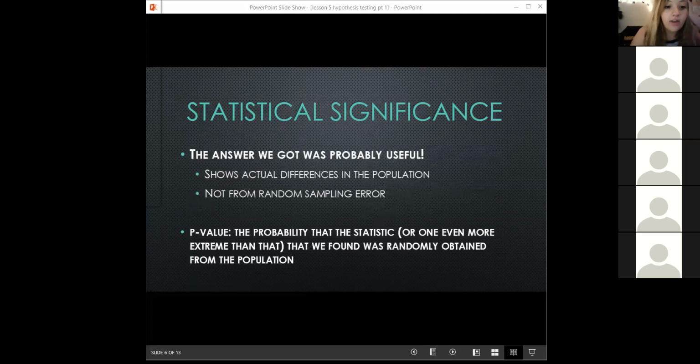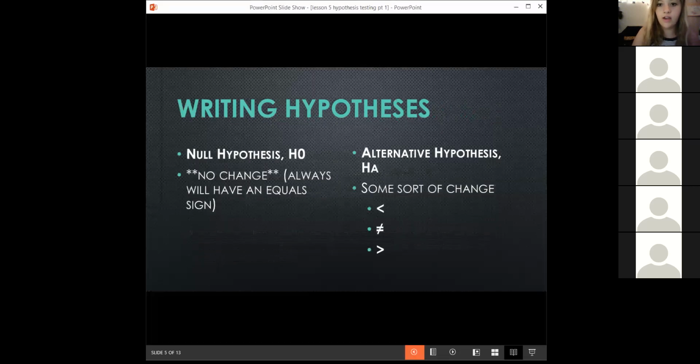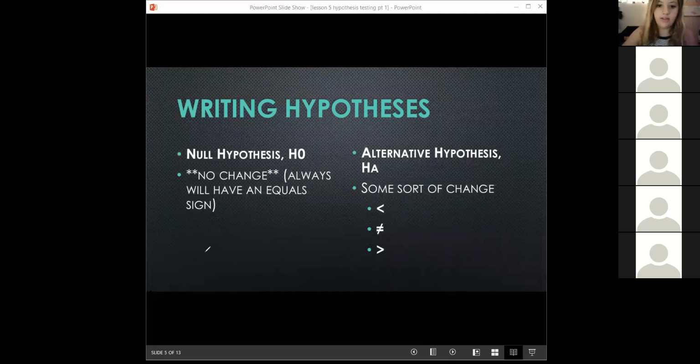And then it's showing, okay, question: only mean and proportion parameter when writing null hypothesis, and for alternative? Good question. Yeah, maybe I didn't make that clear. I'm just going to scoot back a slide. So for both of these, basically these are your options. Your null hypothesis is going to be mu equals or p equals. And then your alternative hypothesis can be either mu is less than something, mu is greater than something, or mu is not equal to something.